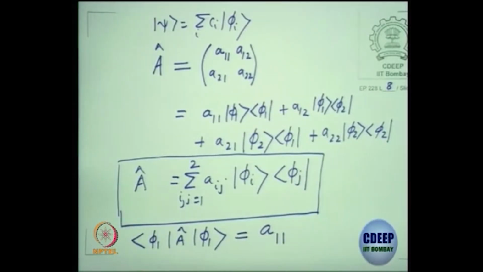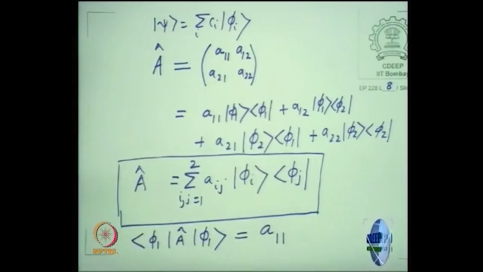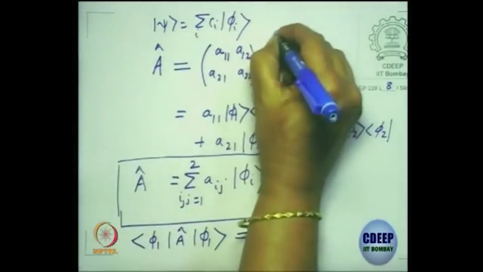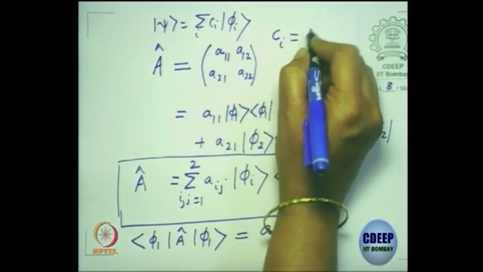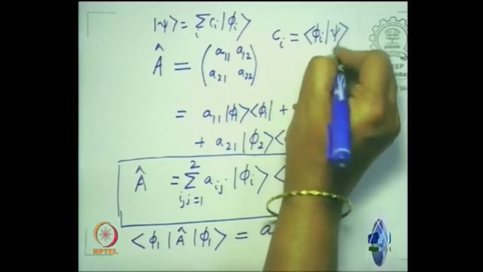Okay. So what I have tried to present here is that if you have an abstract operator and abstract basis states, you can find the components of this abstract operator, just like Ci. When I wanted to find Ci, it was phi I with psi.